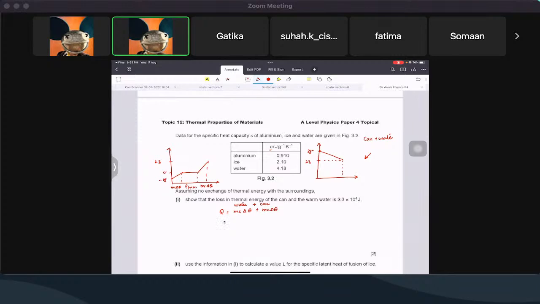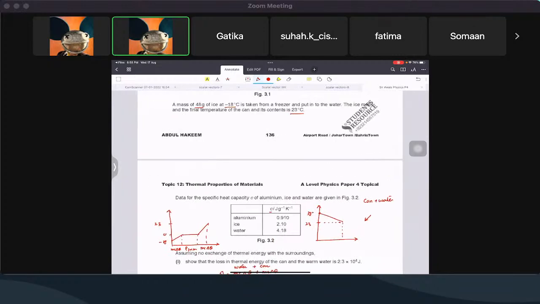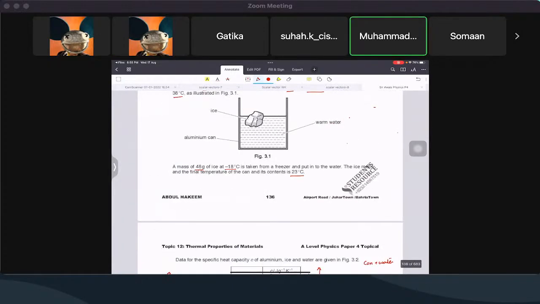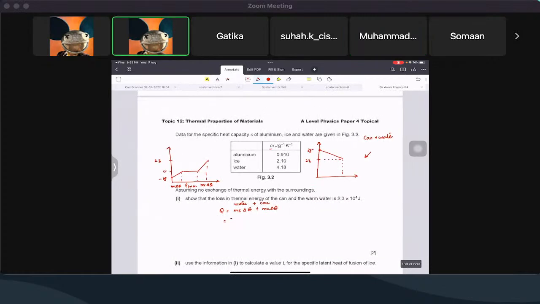The mass of water was given as 330 and the mass of can was 160. The heat capacity of water is 4.18 and the temperature change was 38, always the bigger number minus the smaller number, plus the can, 160, with heat capacity of aluminum 0.910 multiplied by the same temperature change, right?